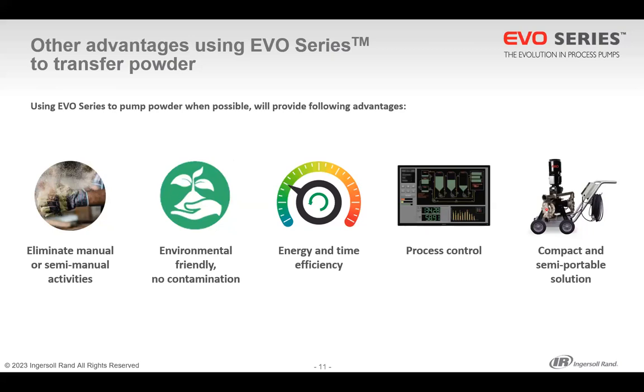You gain in energy and time efficiency. Since the pump is electric and has a VFD provided together with the pump, you can control the process in a more precise way. And if you need, not provided directly by Arrow, but some partners can do it, you can mount this pump on a portable solution. I mean, the pump is quite heavy anyhow.